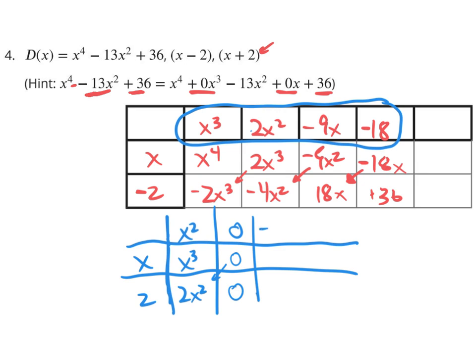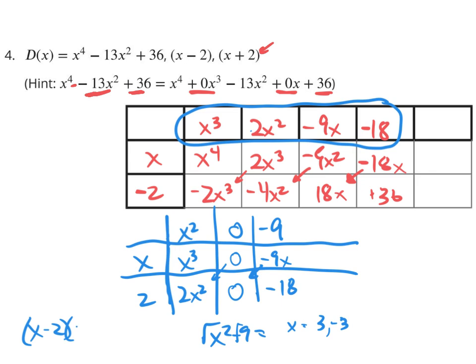Negative 9 gives me negative 9x. Negative 9 times 2 is negative 18. Add there. So x squared minus 9. So x squared minus 9, this is a difference of squares again. So I get x equals 3 and negative 3. So my four factors are x minus 2, x plus 2, x minus 3, x plus 3. This is my answer right there.